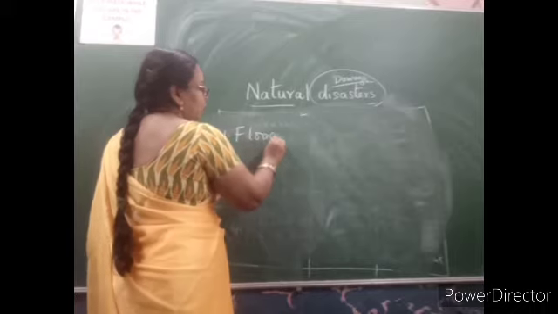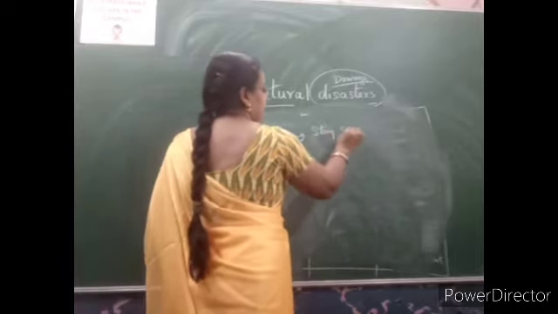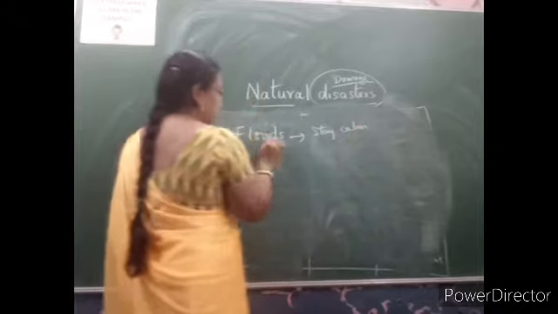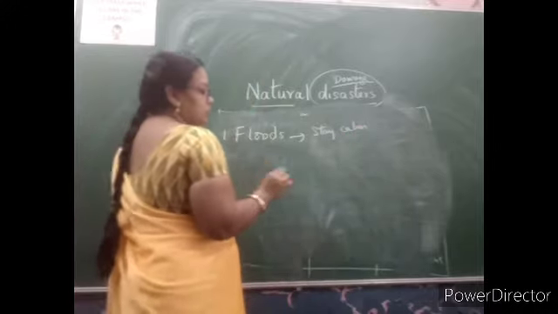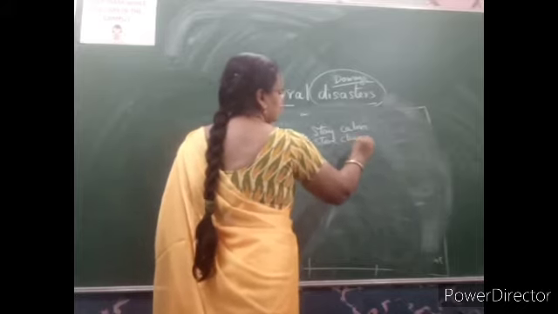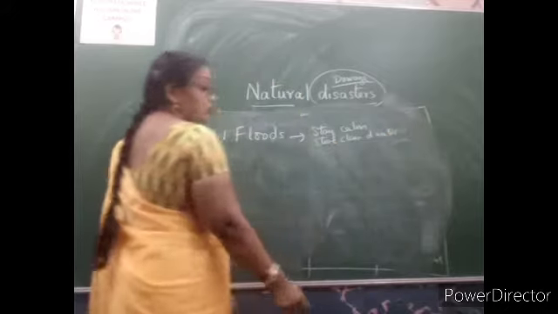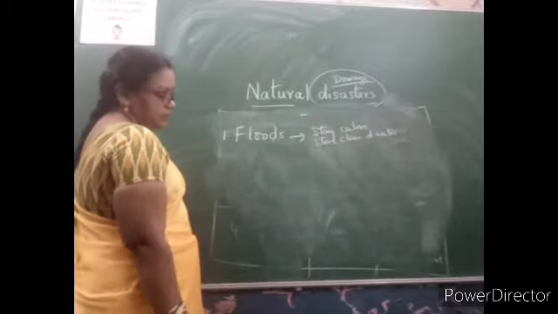So what can we do? First of all, for everything, stay calm. Wait for the rescue. If you know that a flood is going to come, store clean drinking water. That is very important because dirty water will mix and many diseases will spread.